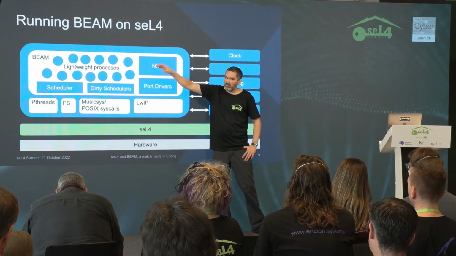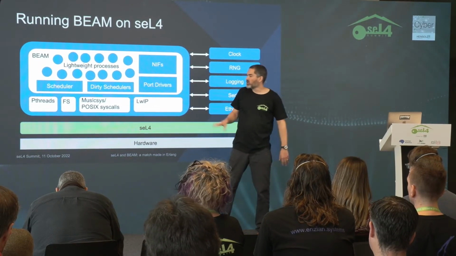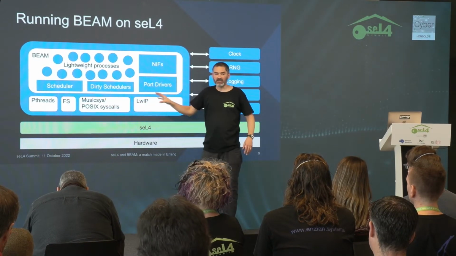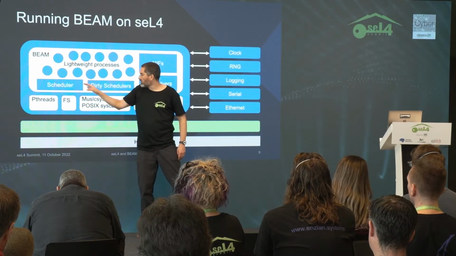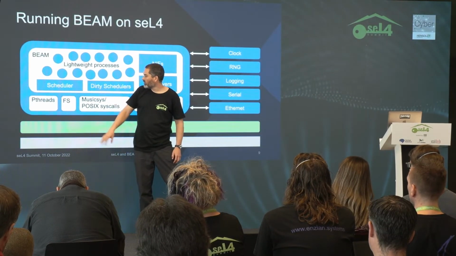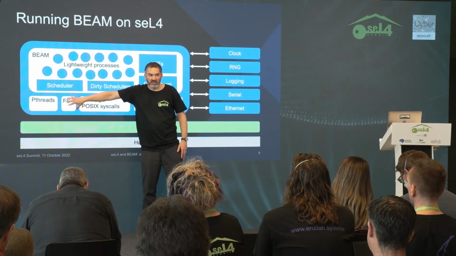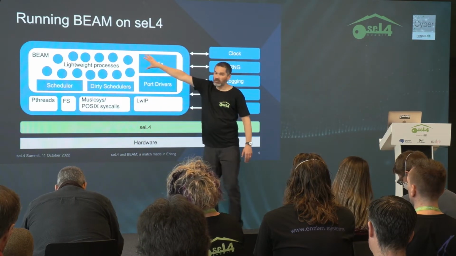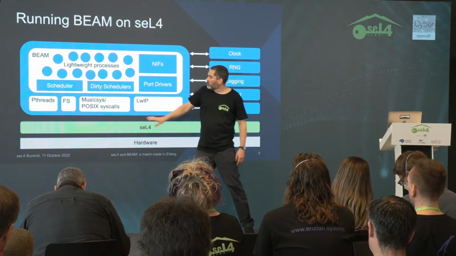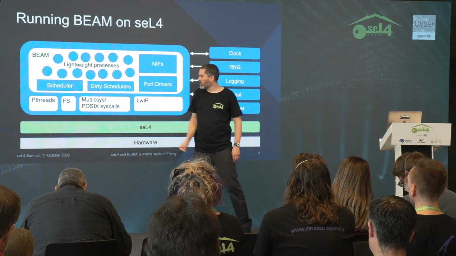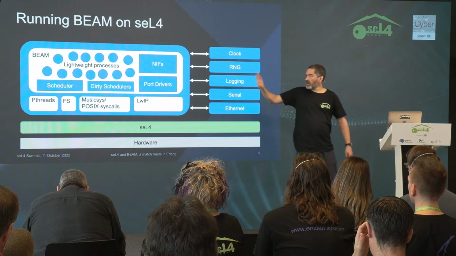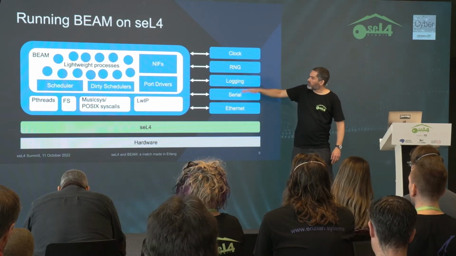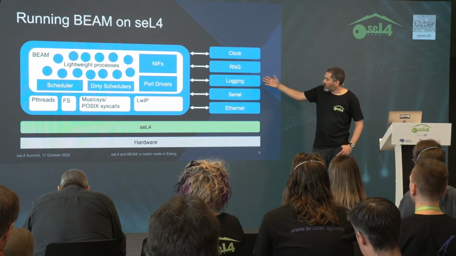The Beam is built to run on a POSIX-like system, so we need to have some sort of POSIX-like functionality underneath that. The main thing is threading, because it's got these scheduler threads and dirty threads. We need some kind of basic file system functionality to actually load the code. We need some POSIX-type syscalls, and then we need a network stack as well. And then outside of the Beam, we've got a bunch of components and mostly drivers that it relies on.